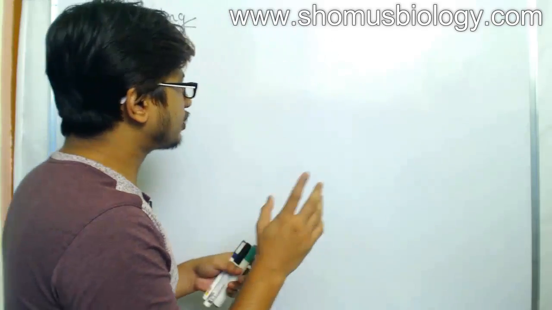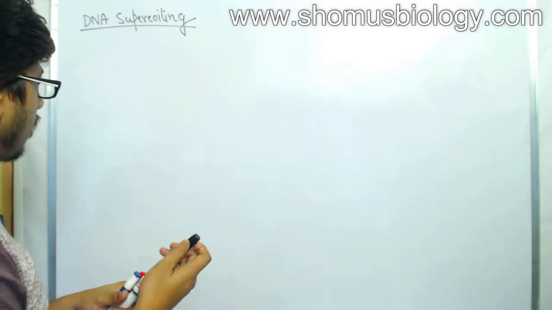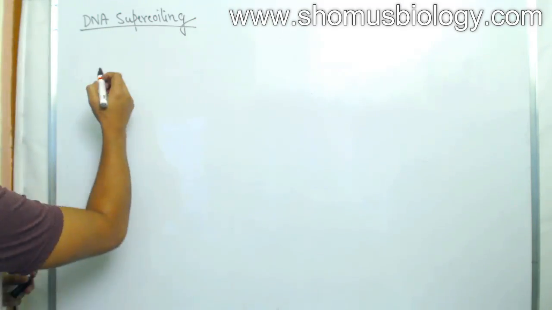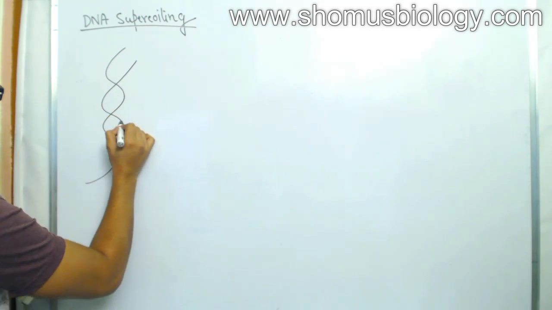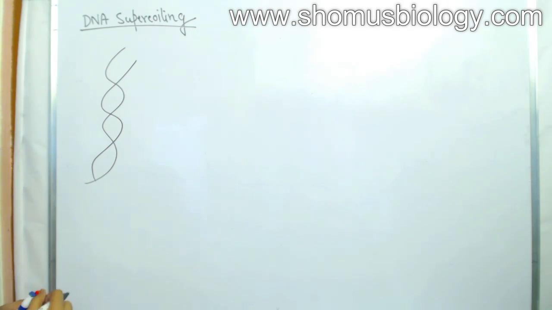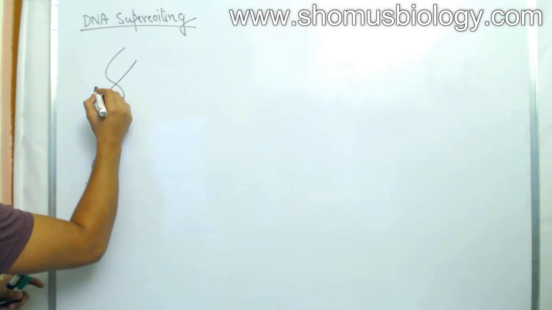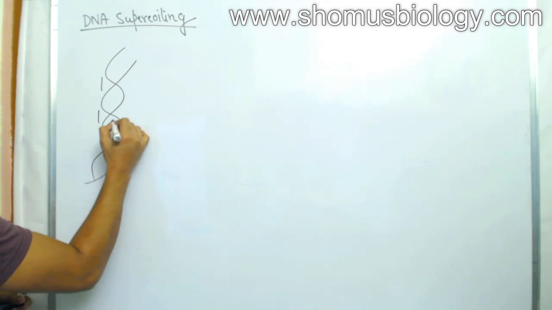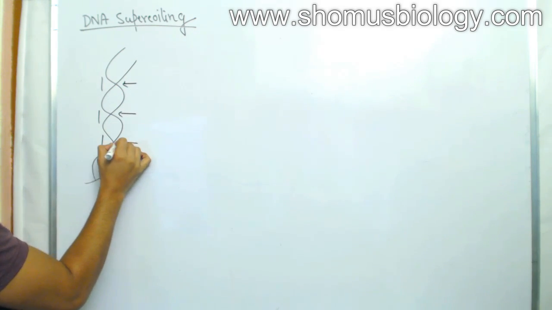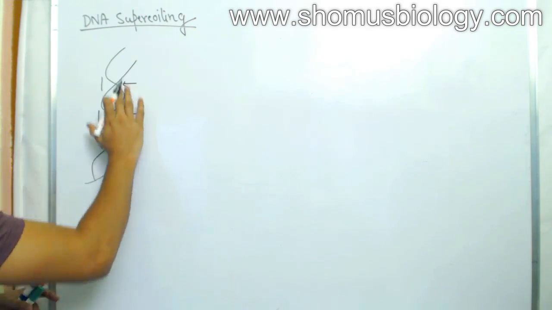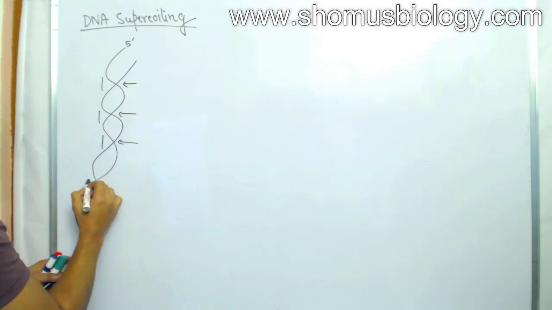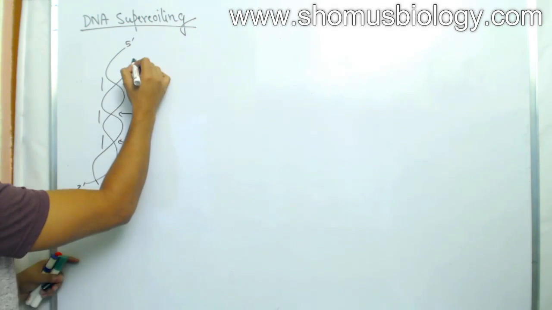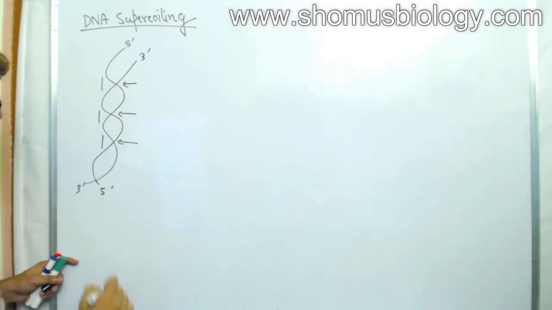If I draw the DNA structure as a schematic drawing, and I'm not a good painter, I'll try to draw it my best. Let's say this is the structure of the DNA, with the major groove and the minor groove. Both strands run one from 5 prime to 3 prime, and the other from 3 prime to 5 prime.